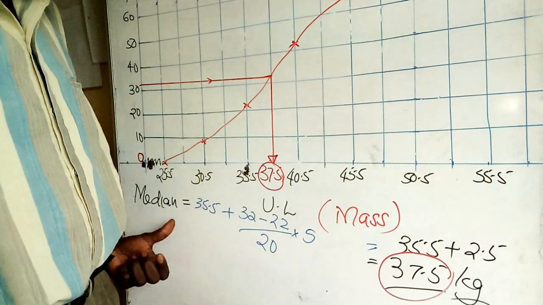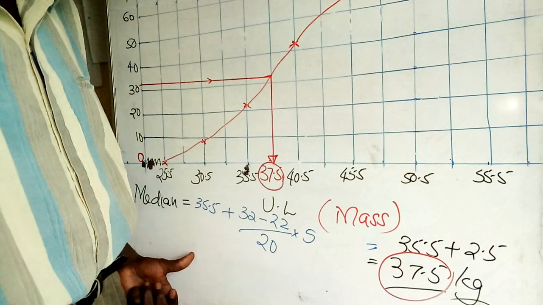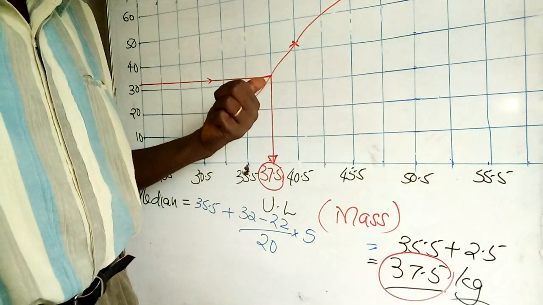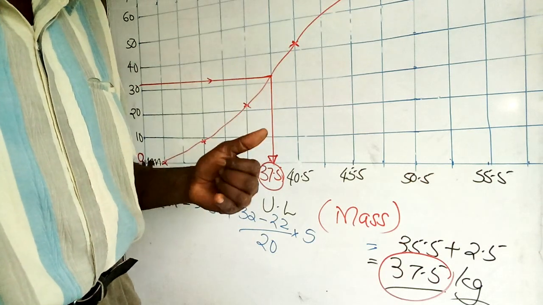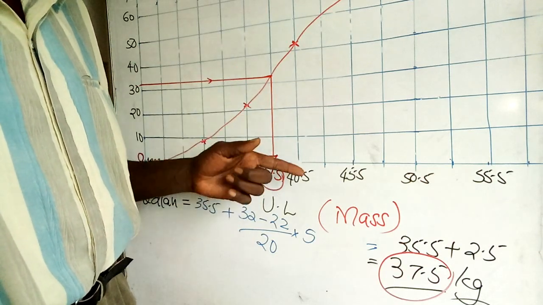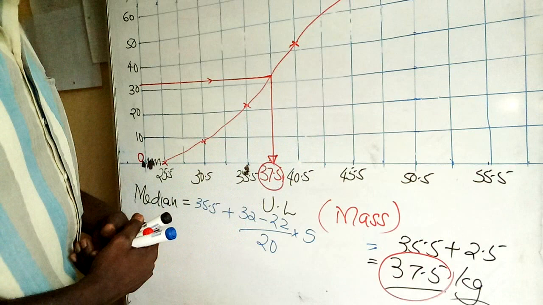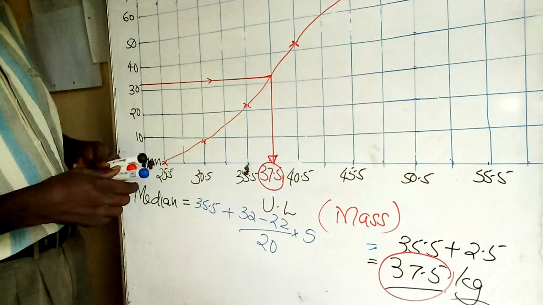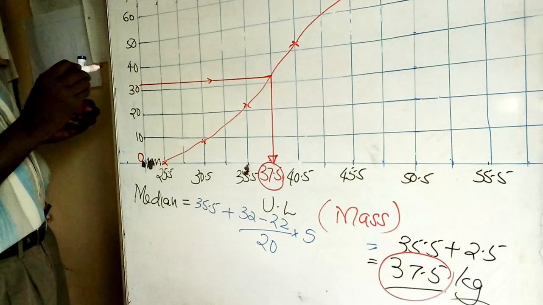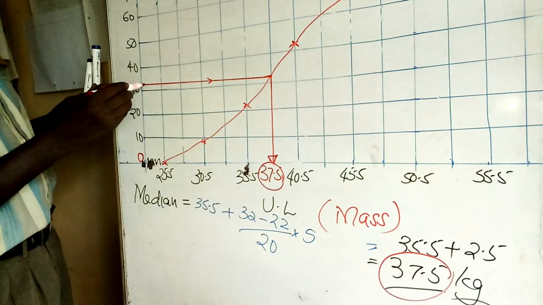So this is the formula. That was lesson 2. This is the core of this lesson 4. Median from cumulative frequency graph. You get your n divided by 2.